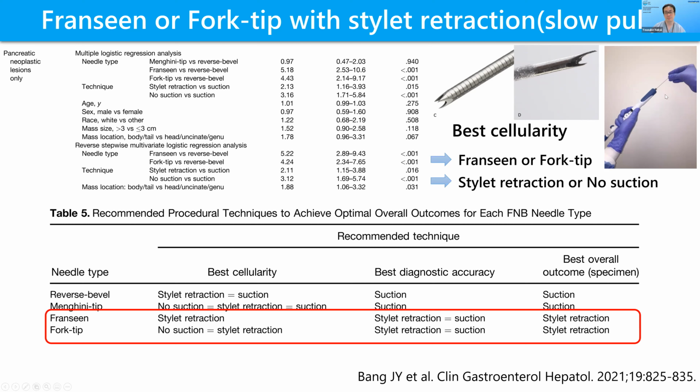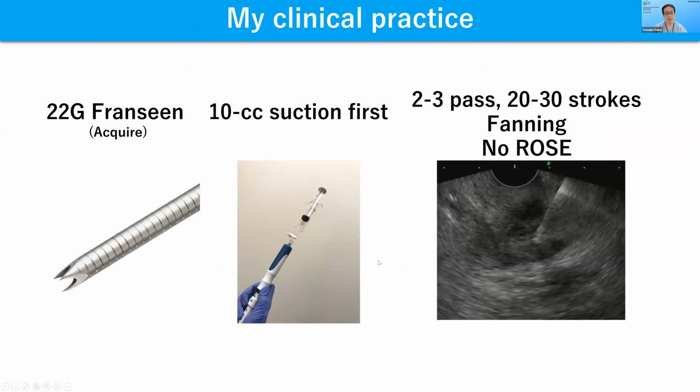The assistant can slowly pull the stylet to achieve slightly negative suction to prevent bleeding. But we should have our own clinical practice. My preference is a 22 gauge Franseen needle and 10 cc suction first.